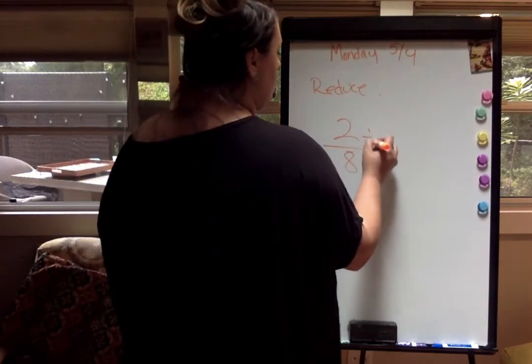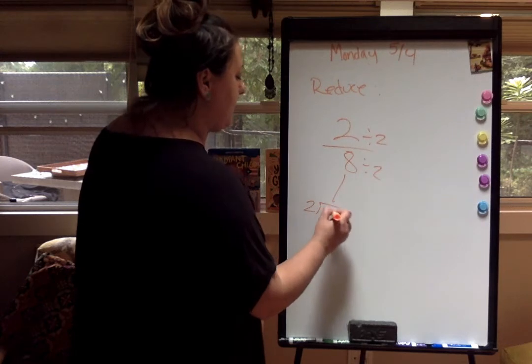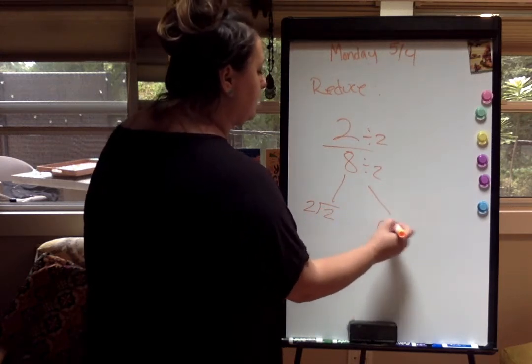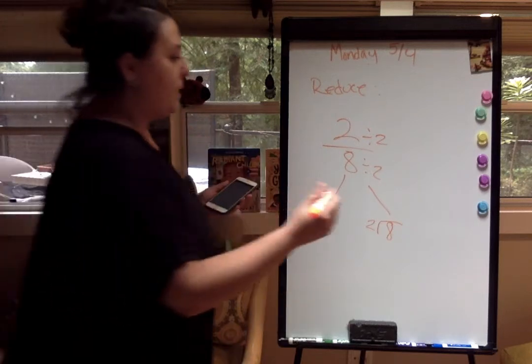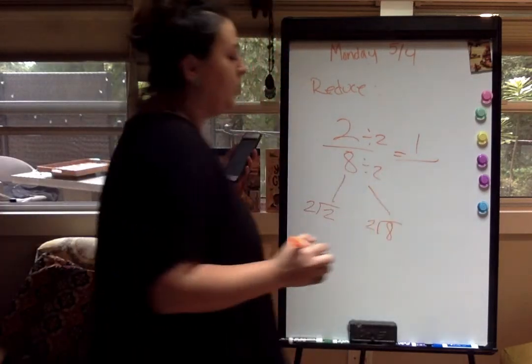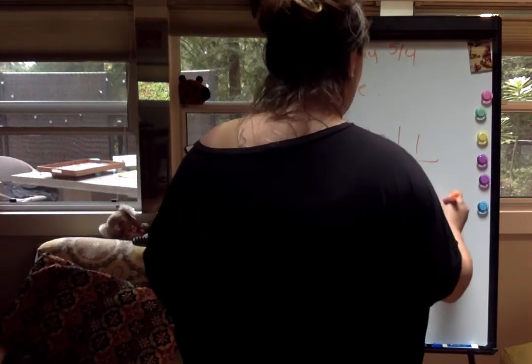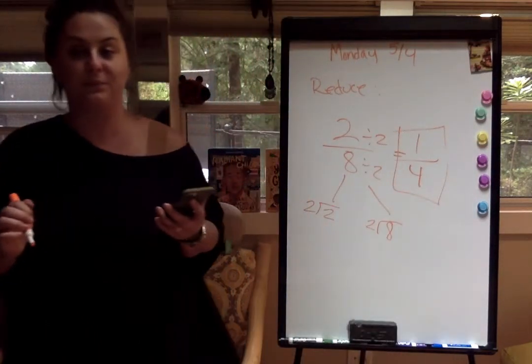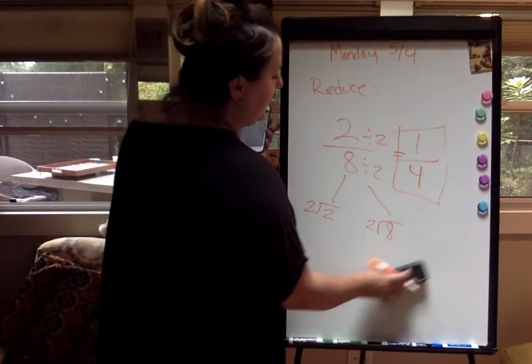So, it's also like saying this. 2 divided by 2 and 8 divided by 2. 2 goes into 2 1 time. 2 goes into 8 4 times. 1/4. Done.